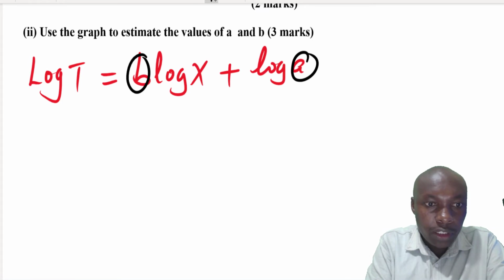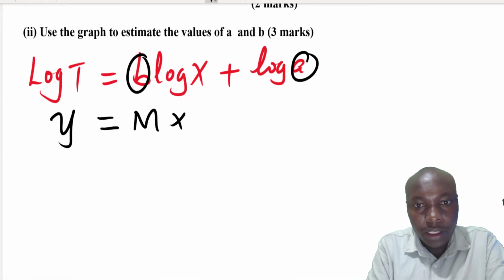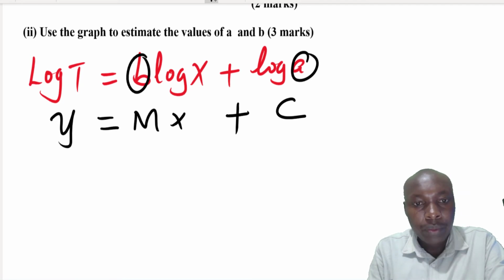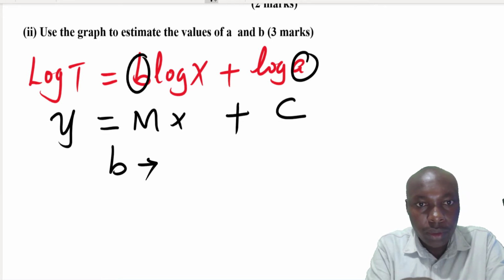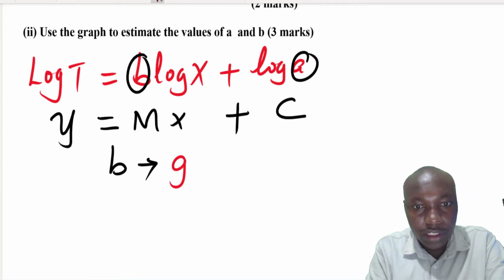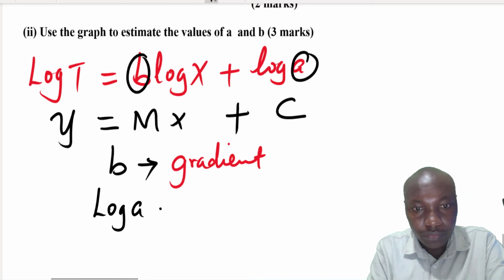When you compare y equals mx plus c, you will notice that b will automatically be the gradient, and log A will be the y-intercept.